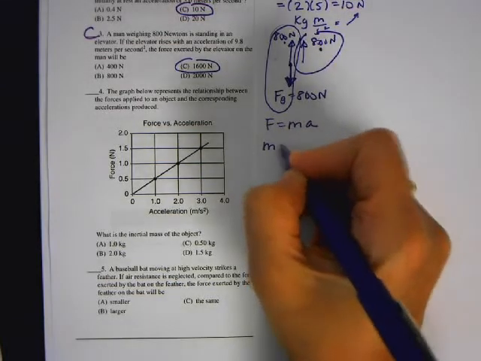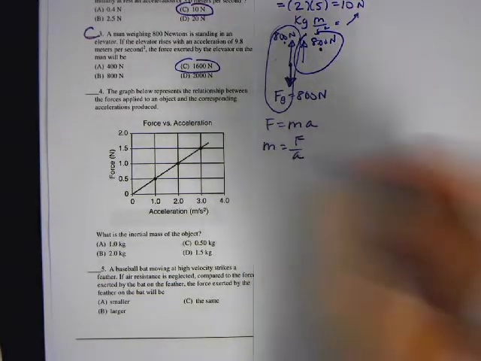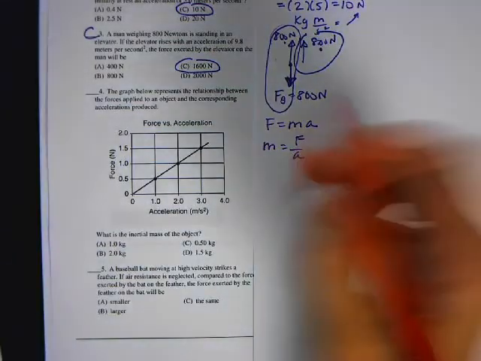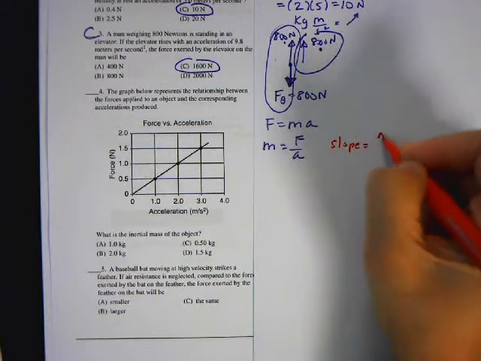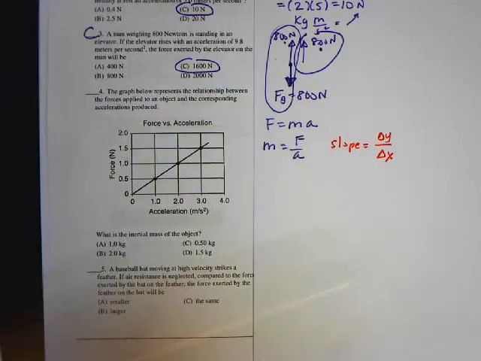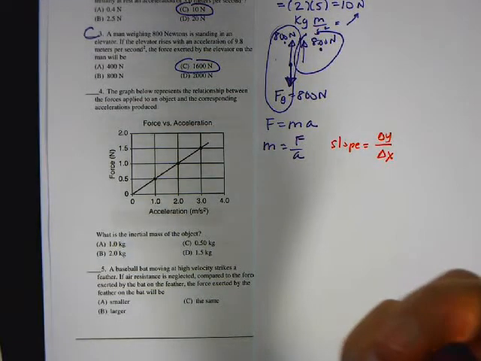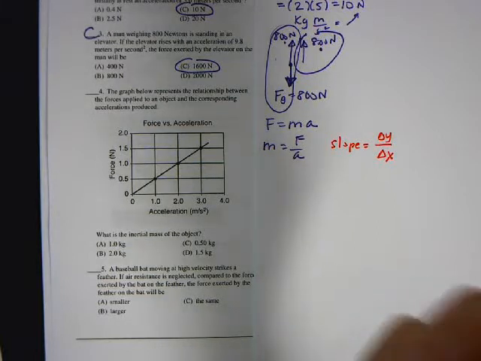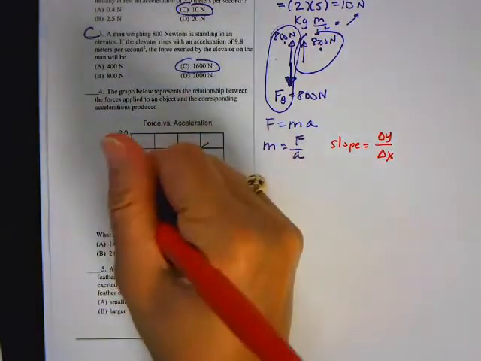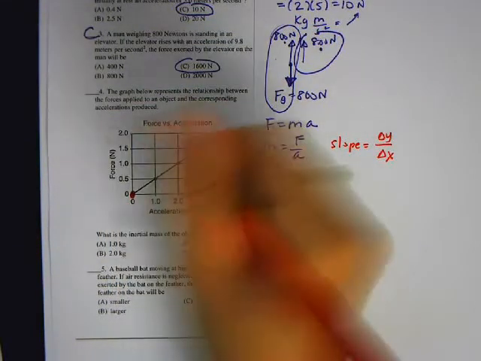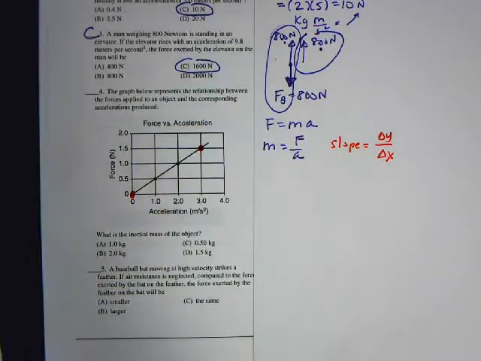So m is equal to F divided by A. And this just looks like the same as if I was doing a graph, where slope is equal to delta y over delta x. So now I'm going to look at my graph, and what I do is I always pick the endpoints. Since this is a straight line that goes to the origin, I'll take this point and this point.